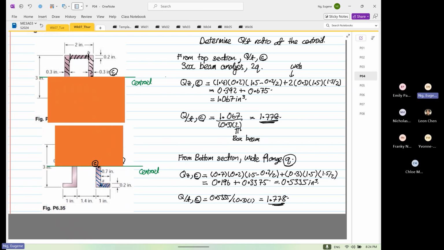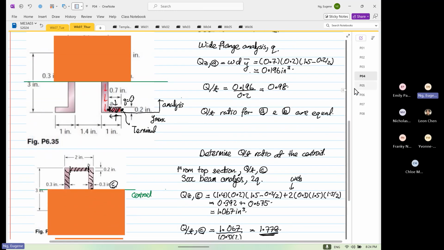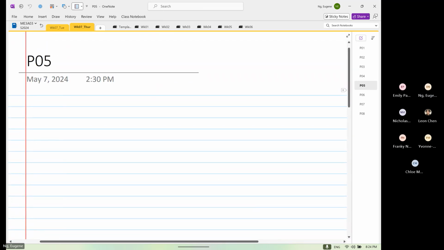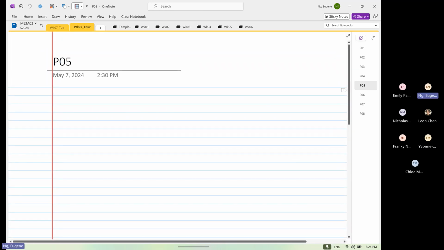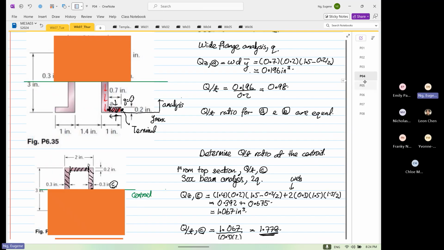So what we discover down here, okay, let's compile what we have. We know that the Q/T ratio at point A is equal to the Q/T ratio at point B, which is now equal to 0.98.